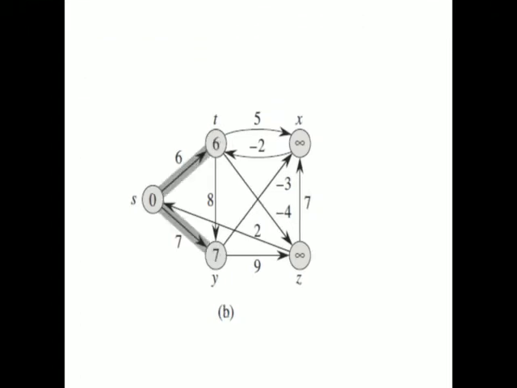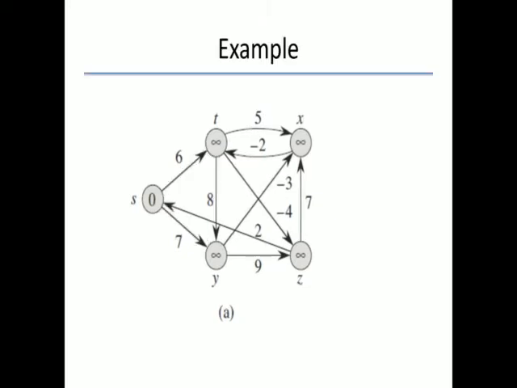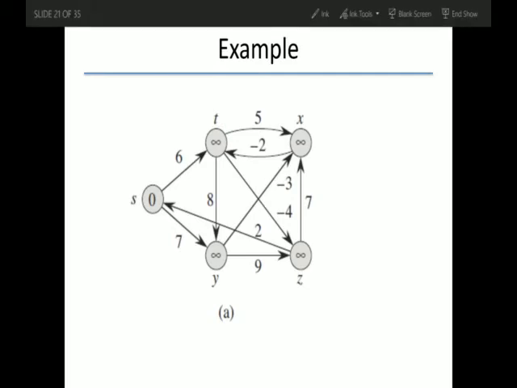So in the first iteration it relaxes all the edges. For this edge, let's say s to t, we have v as t, so t.d, that is infinity, is greater than 0 plus the weight of st. The weight of st is 6, so infinity is greater than 6.